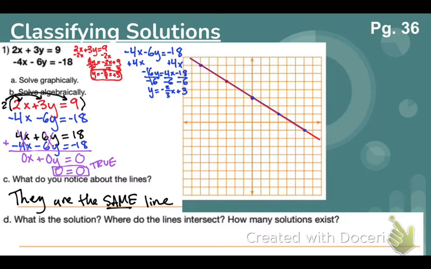So we don't have just one solution. We could put any single x in here and get a y value that would be the same for both lines. So when we have 0 equals 0, which is a true statement, we have infinitely many solutions.